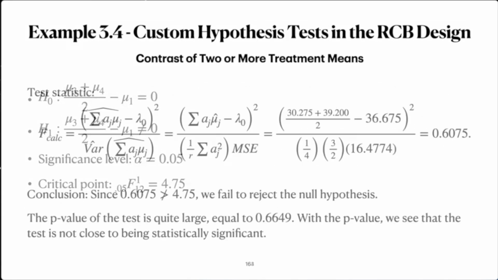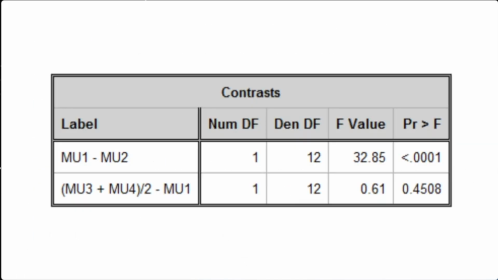Okay, continuing on. The hypothesis test where we're comparing the arithmetic average of treatment means 3 and 4 with the mean of treatment 1, that F statistic, rounded to 2 decimal places, is 0.61. And we see here that we get the same p-value that we got when we did it by hand.